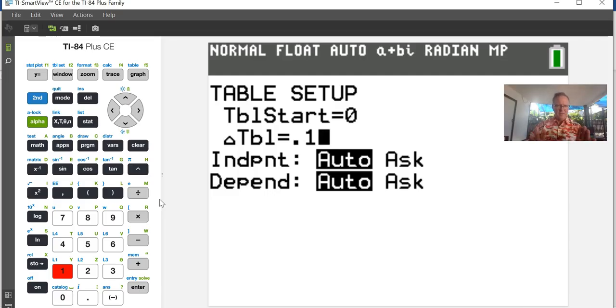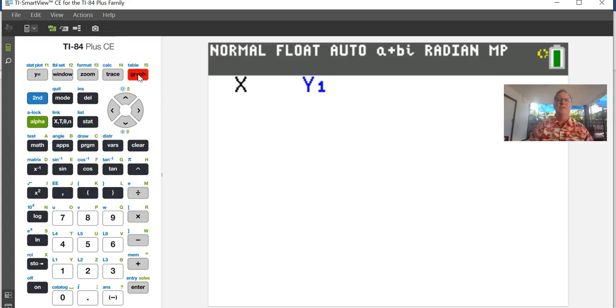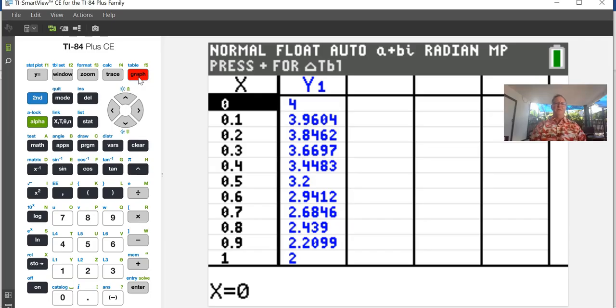So now that I've set up my table, go to second function and graph to get to the table. And then you'll see values for our various values for x, starting with 0 and 0.1, 0.2, etc., all the way up to 1, and their accompanying values for y1.